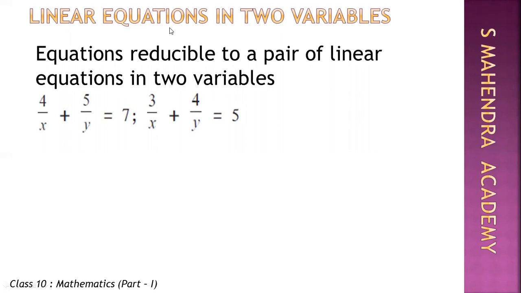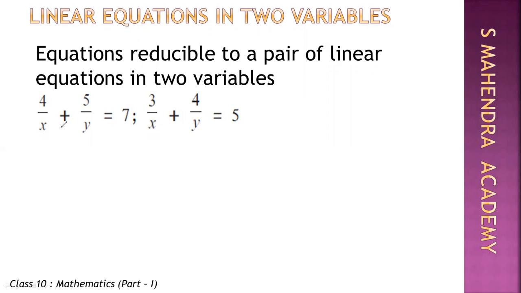Here we have two equations. Equation number 1 is 4 upon x plus 5 upon y is equal to 7, and equation second is 3 upon x plus 4 upon y is equal to 5.